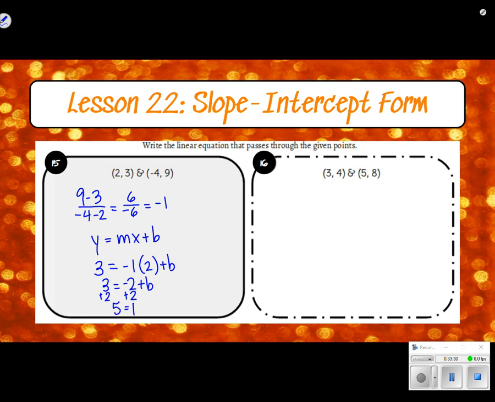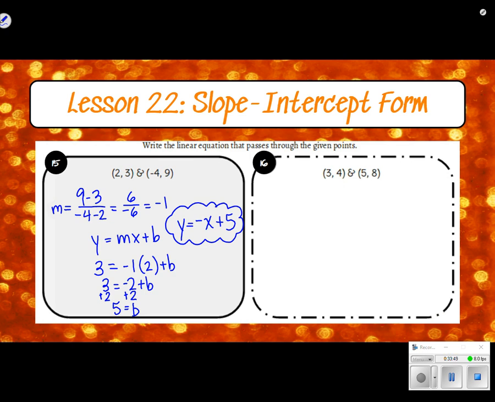So 5 equals b. So I've got my slope, my y-intercept. Let's write our equation. Y equals, now you can write negative 1x, but I usually write just negative x plus 5. There she is. How does it look?